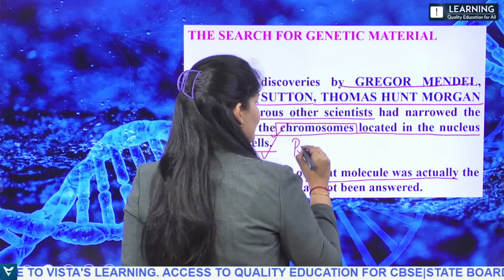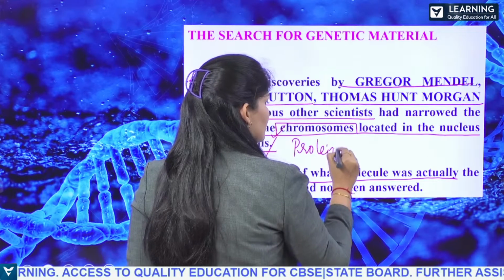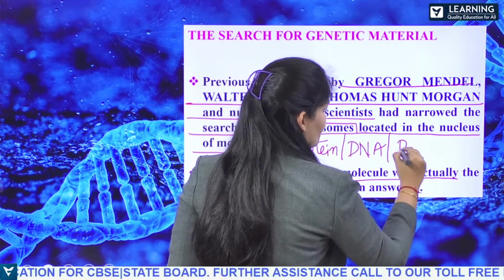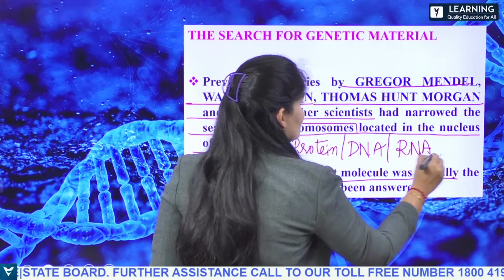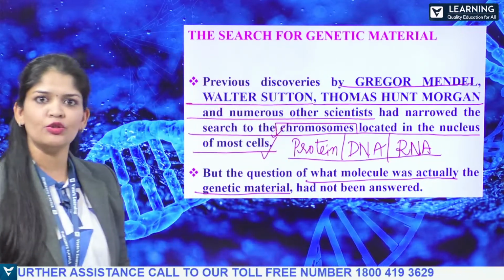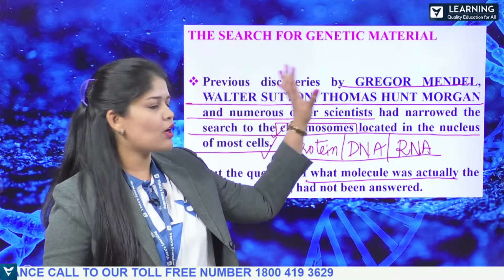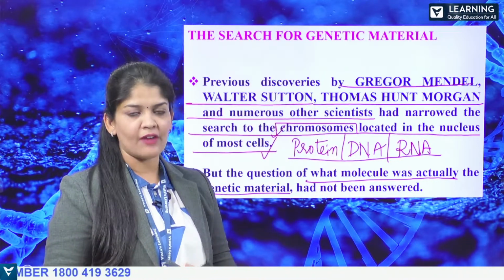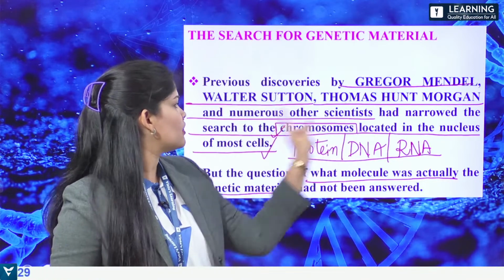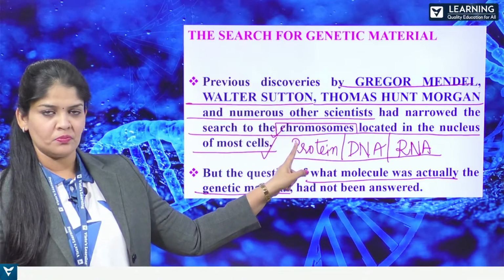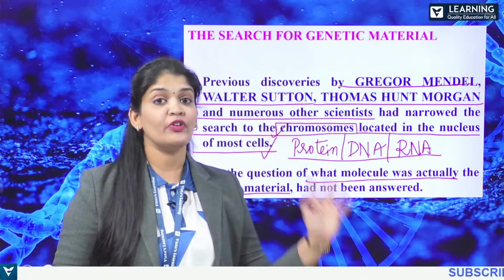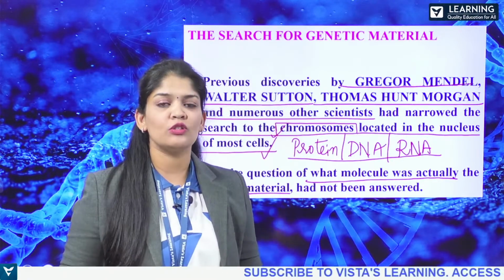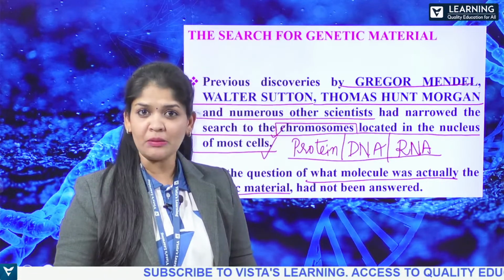Whether it was protein, DNA, or RNA, we didn't know. All the experiments conducted by this set of scientists narrowed it down to the chromosome, but inside the nucleus we also have protein, DNA and RNA. Out of these molecules, which is the biochemical nature of the genetic material?